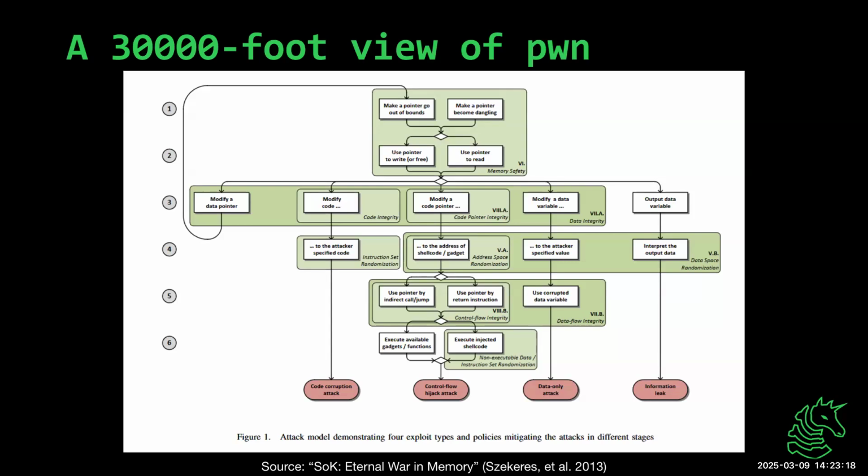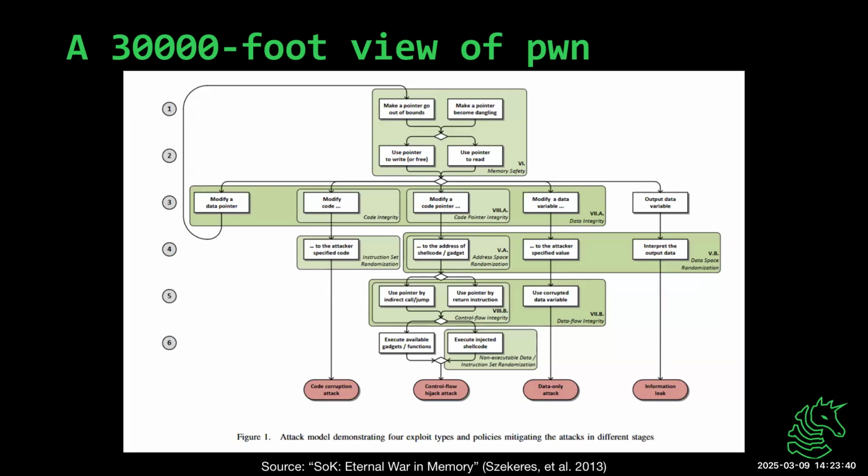Or you can use your data corruption to hijack the program. This usually involves modifying code, but nobody really does that anymore because code is usually non-writable these days. So the more common exploit is to modify a code pointer.